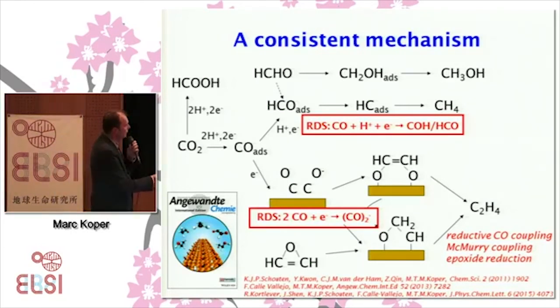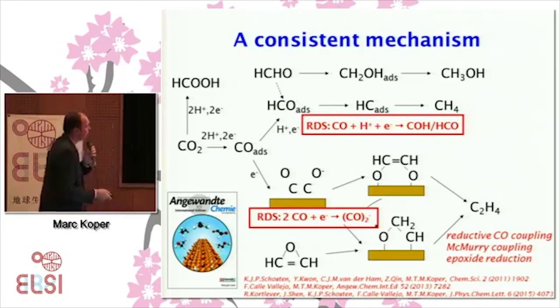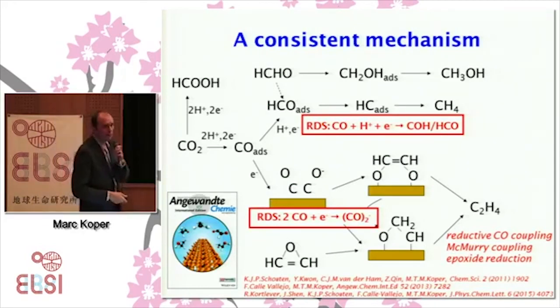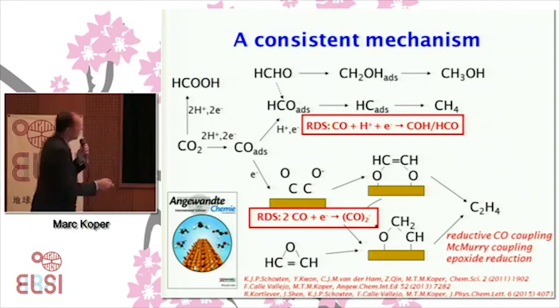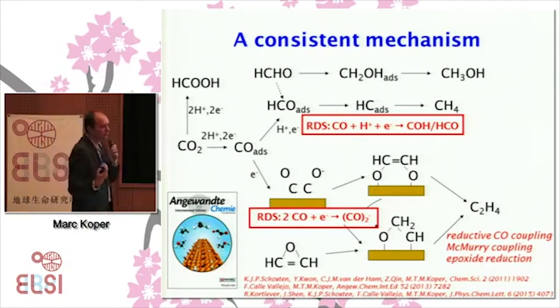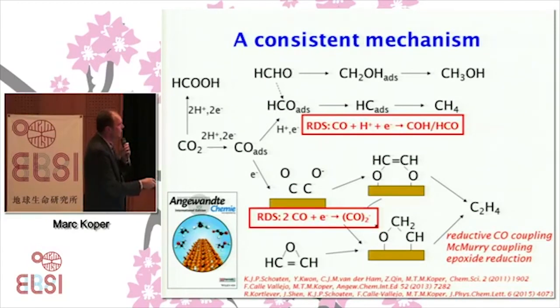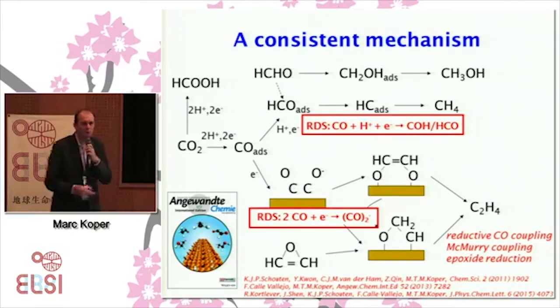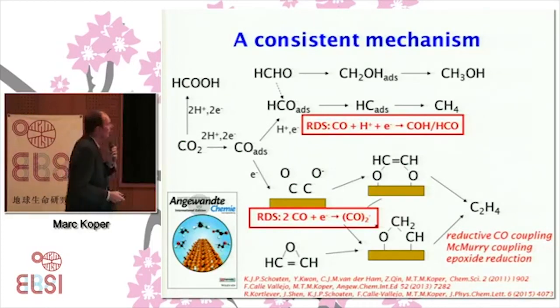And this eventually ends up in ethylene, but it can also generate ethanol in a bifurcation that happens somewhere here later on in the pathway. So what happens here is a kind of reductive dimerization or reductive CO coupling. My organic chemistry colleagues tell me this is very similar to McMurry coupling.